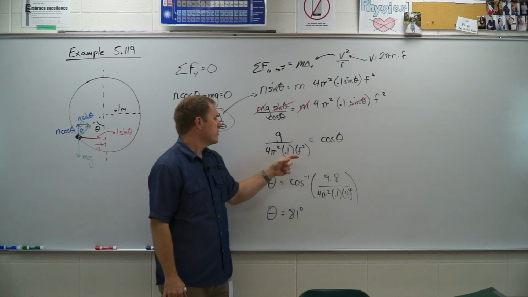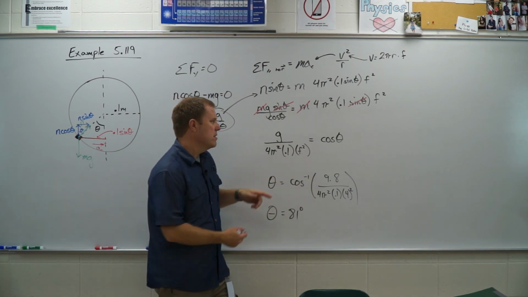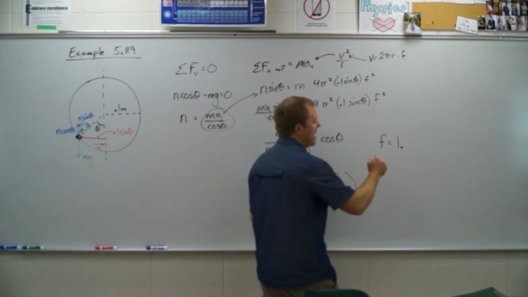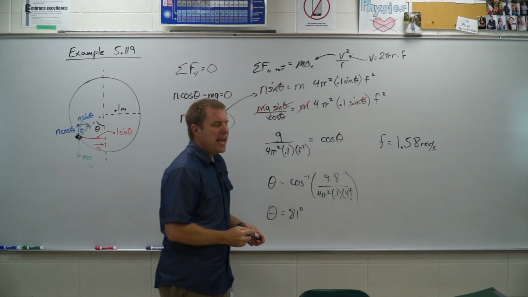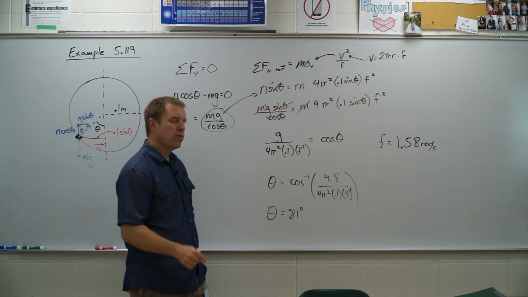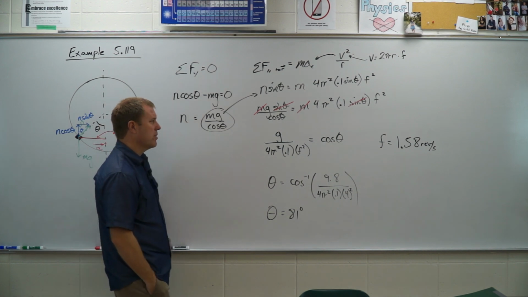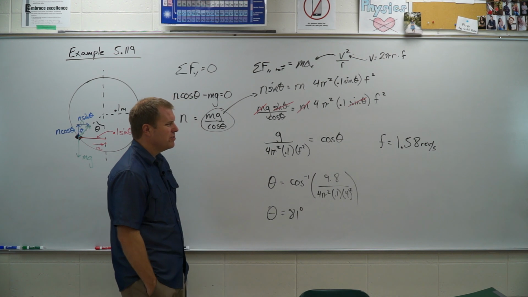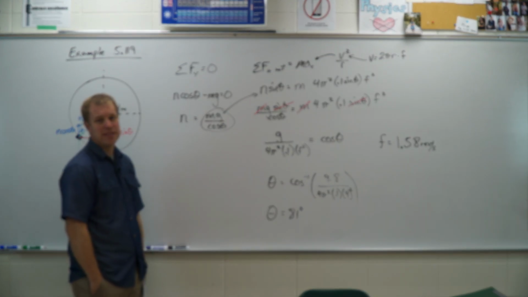So if I plug in 1 here and solve for the frequency, we find that the frequency is 1.58 revolutions per second, which means anything less than that, it's not going to go up the side. It's going to stay down there. Now we're assuming these are point masses, and we're working with this equation the way it is, so we do have some issues, but 1 doesn't work for our equation. That's why we got a domain error when we did that. There you go.